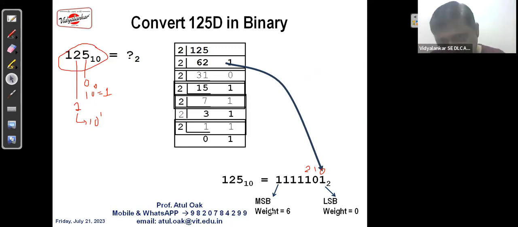Positions we always represent using integers 0, 1, 2, 3 for all number systems. All number systems will have weight, and counting will start from 0. Specifically for binary, we use the terms LSB and MSB.